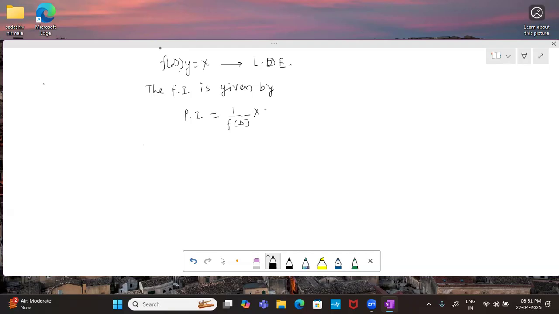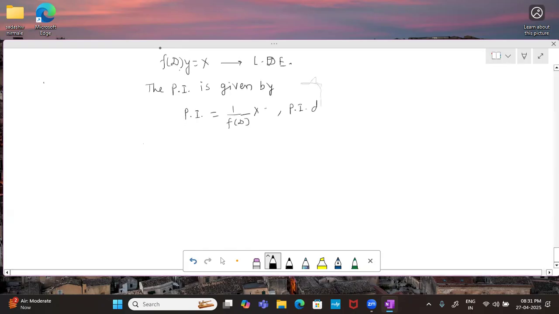So depending on the value of X, there are a number of rules for PI. Means actually PI depends on X, and what is X? Any function of X. Okay. So there are three methods of PI.